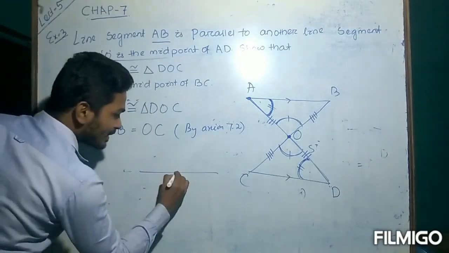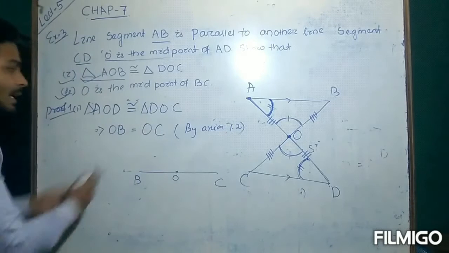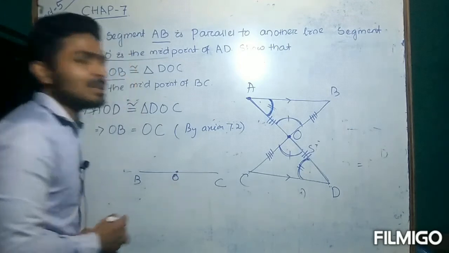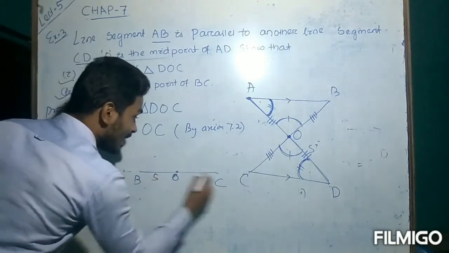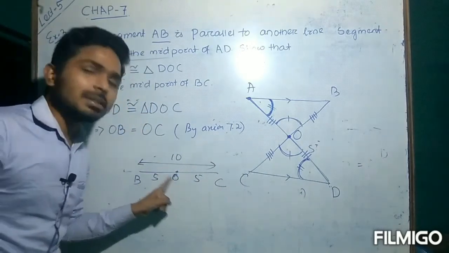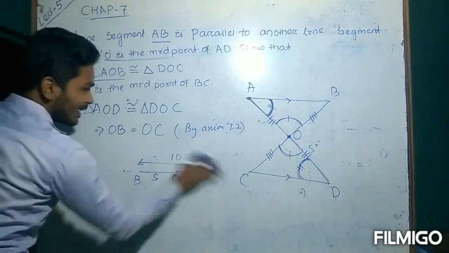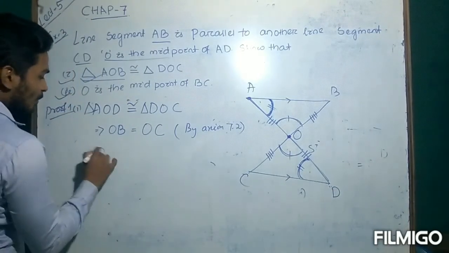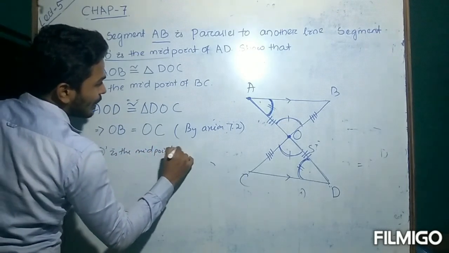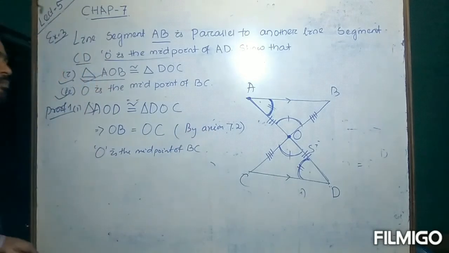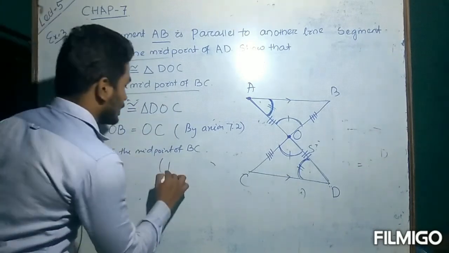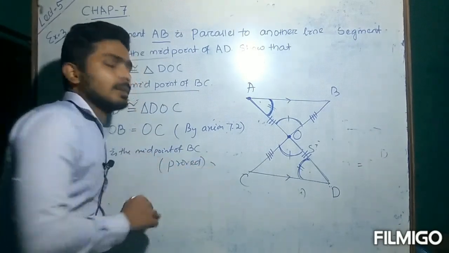This is a line, this is O, this is B, this is C. It is given that OB is equal to OC. That means O is the midpoint of BC. If it is 5 and 5, the total length is 10. Hence we can write that O is the midpoint of BC. Understood? And this is the proof for the second statement. Hence it is proved. Clear?